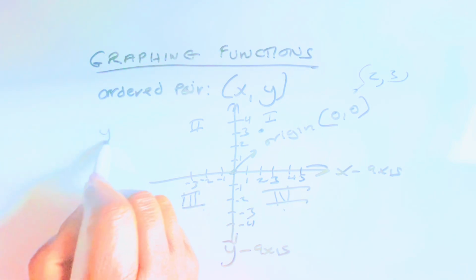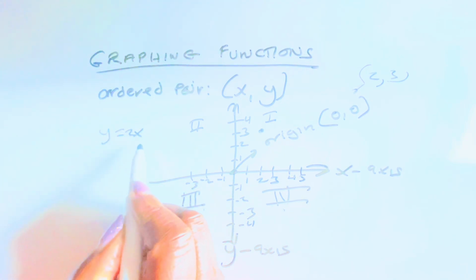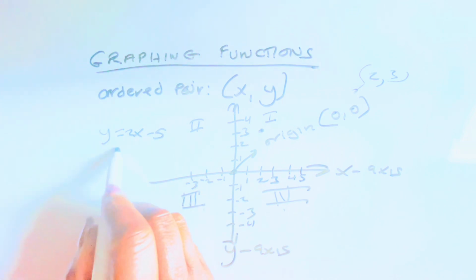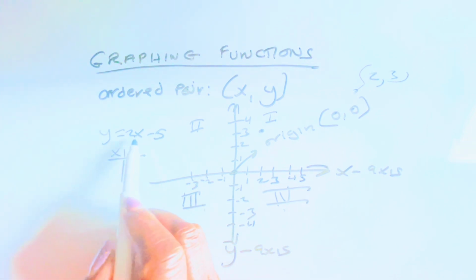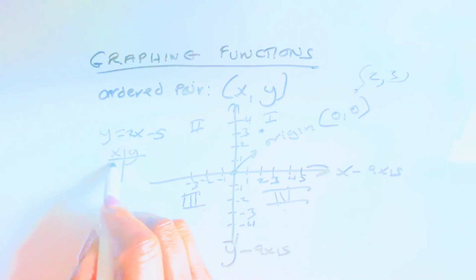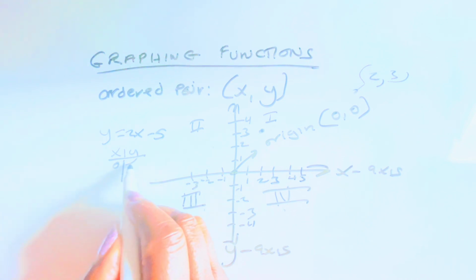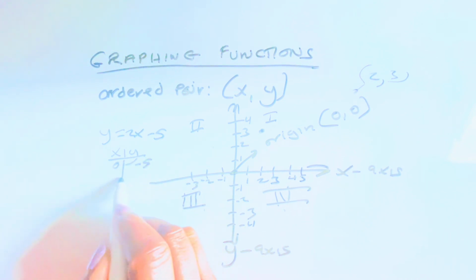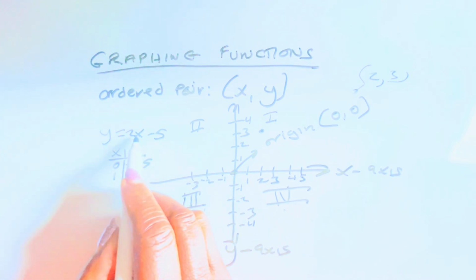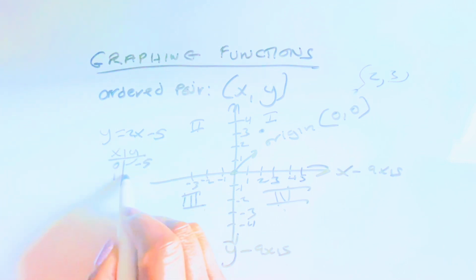If we're given y is equal to 2x minus 5, we're going to make our table. Supposing we make our x value 0, y will be negative 5. What if we make x 1? Then we'll have 2 minus 5, and this will be negative 3 for y.